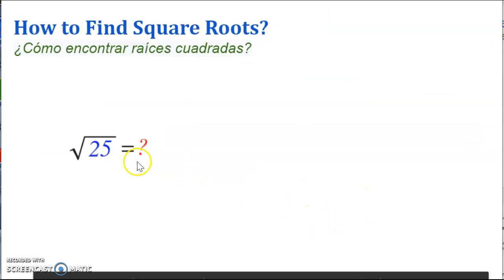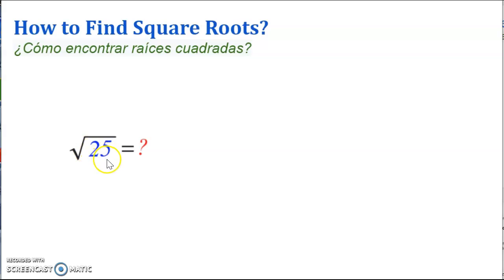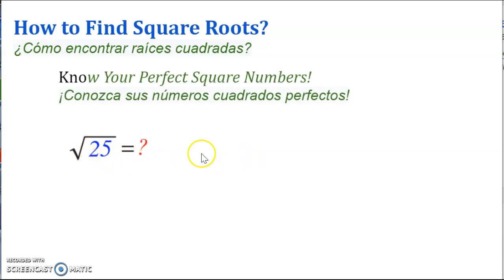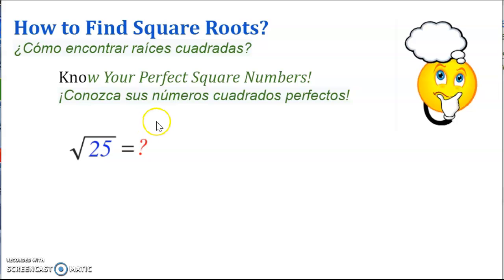So how do we find the square root? If you have the square root of 25, how do we do that? You need to know your perfect square numbers. What are perfect square numbers? Well, 1 times 1 is 1. If you have a square with a side length of 1 and the other side length of 1, then 1 times 1 is 1. So 1 is a perfect square. If you have a square with side length 2 each, that means 2 times 2 is 4.